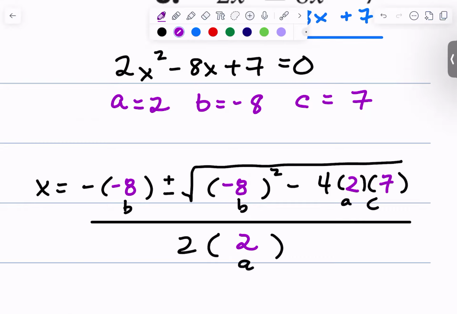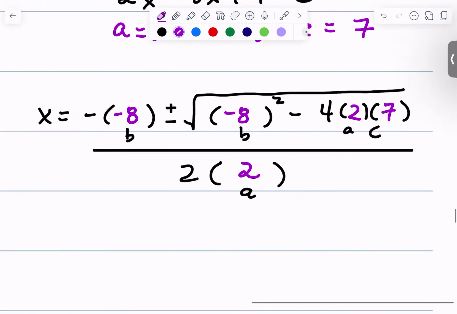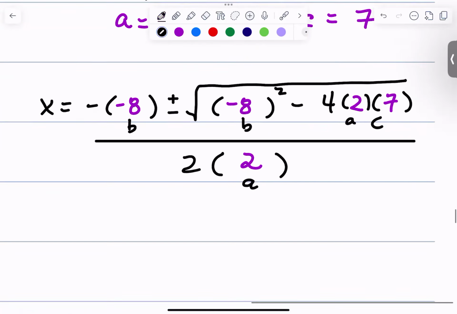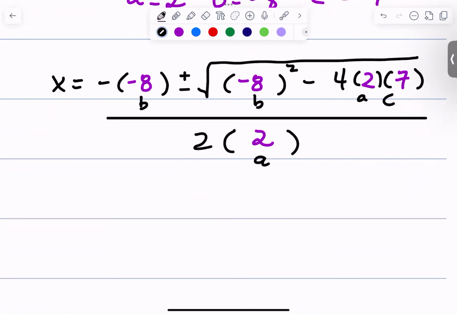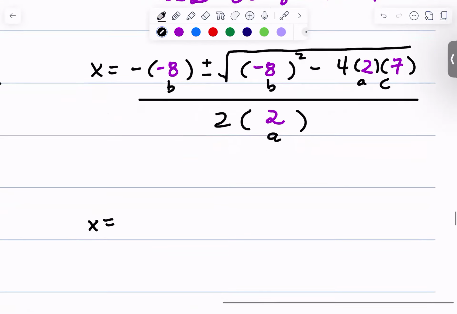I'm not worried about you guys knowing where your A, B, and C are, plugging it in. Okay? That doesn't worry me whatsoever. Even simplifying it, you guys might make mistakes here and there, maybe leave out a negative, maybe add it incorrectly, right? But I'm not that worried about it, right?